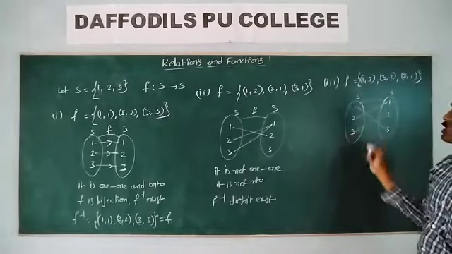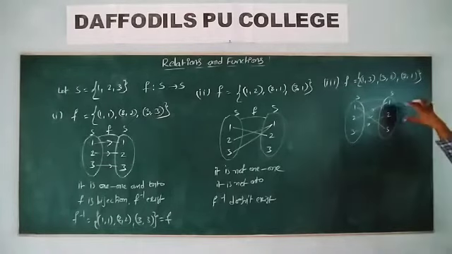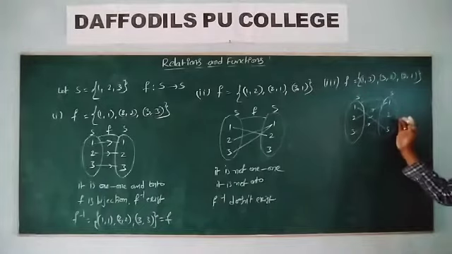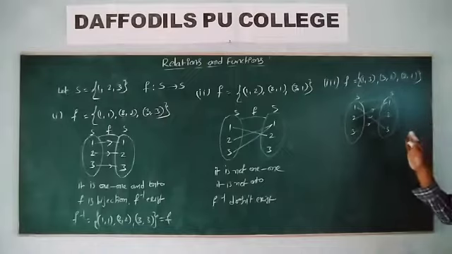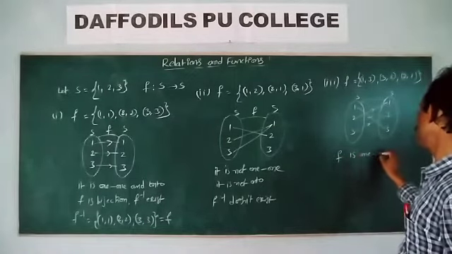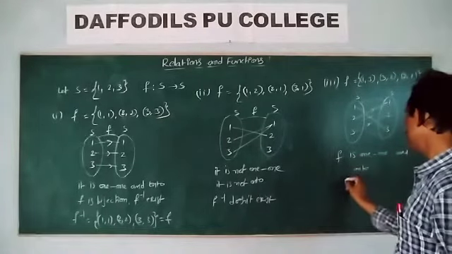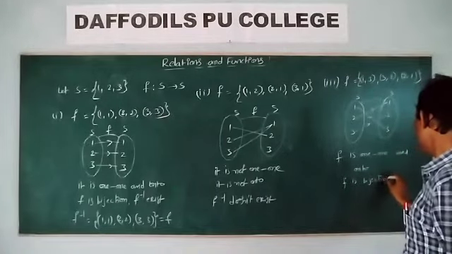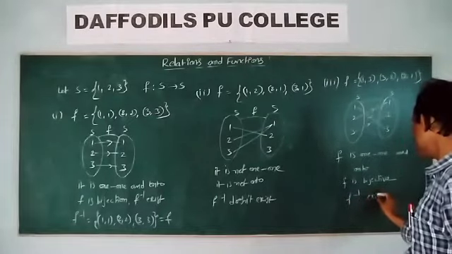Okay, different elements have different images. And in the codomain set, all elements have pre-images. All elements are images of at least one element of the domain. Therefore, it is an onto function. F is one-one and onto. Therefore, F is called a bijective function. F is bijective, so F inverse exists.